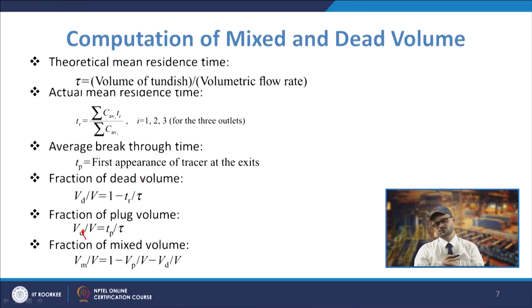So, in the case of dead volume, it should actually be minimum. If it is minimum, in that case your mixed volume will be higher. That indicates the mixing capability of the Tundish. That is required to have a homogeneous temperature inside the Tundish.